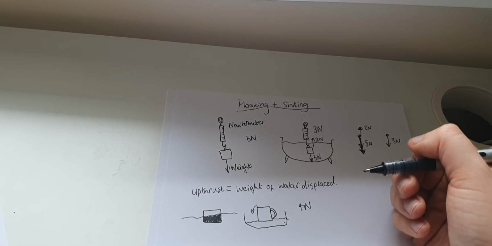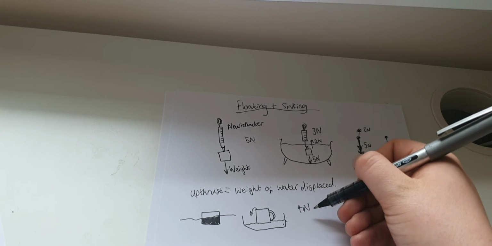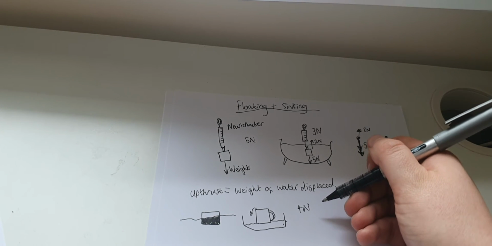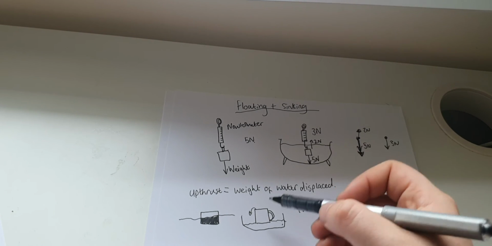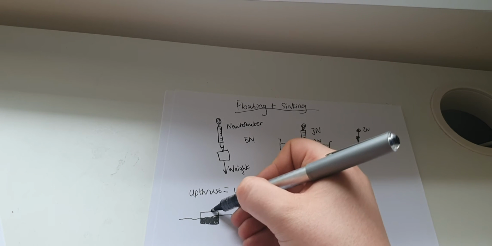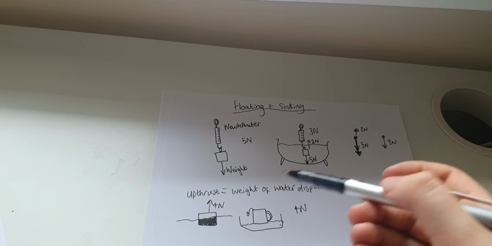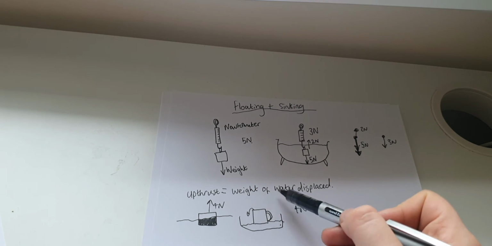Obviously, most scales will tell you something in kilograms, not newtons, but you can get ones that give you the weight rather than the mass. So 4 newtons is the amount of displaced water. So what's my upward force acting on that block? It's 4 newtons. Okay, so the upthrust equals the weight of the displaced water.